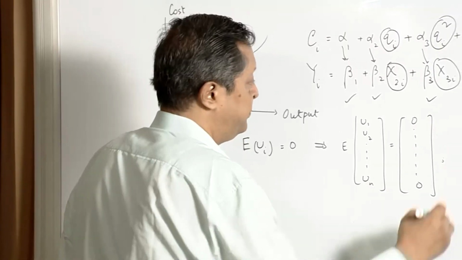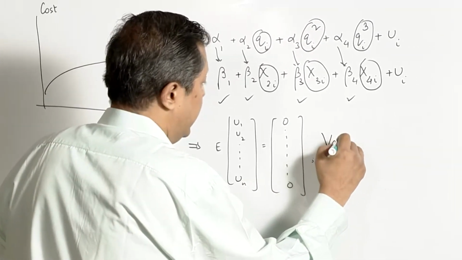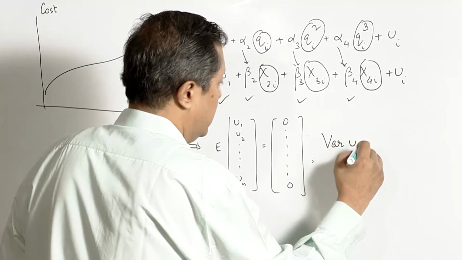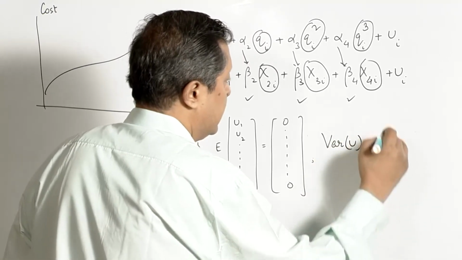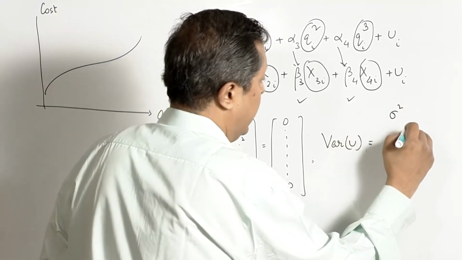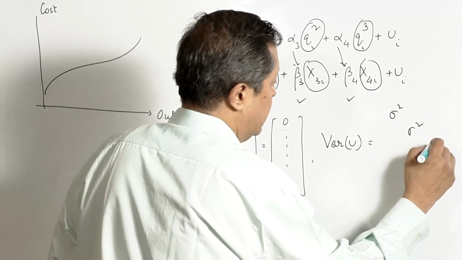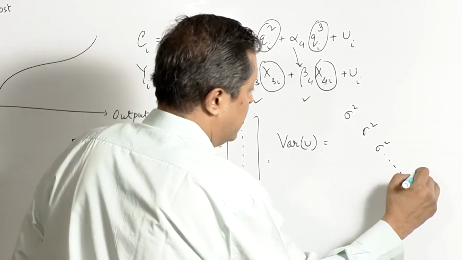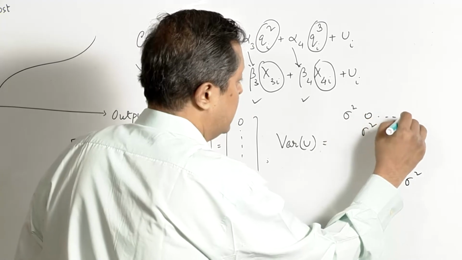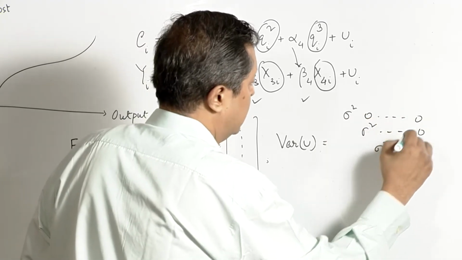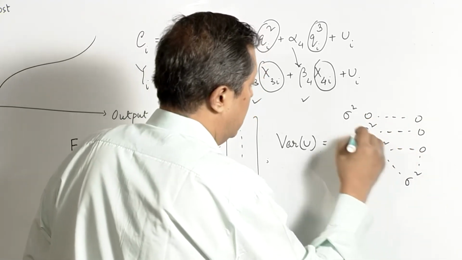Similarly, variance of u is sigma square, sigma square, sigma square, again sigma square, and these off diagonal terms are all 0.